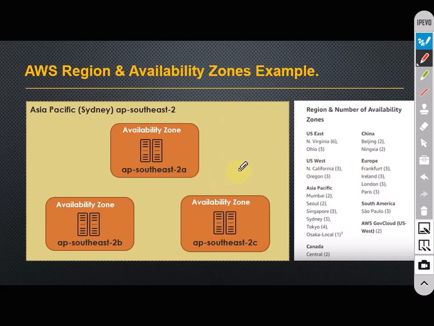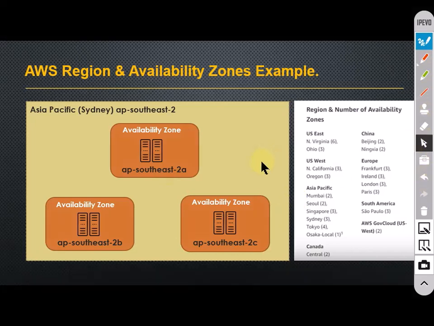Okay, so what is the benefit of having these zones? Basically this is one separate data center, and similarly this one is a different data center, DC number 2, and this is a different data center, DC number 3. So we have multiple data centers, and we know that if we have multiple data centers, what will be the beneficial part for us?